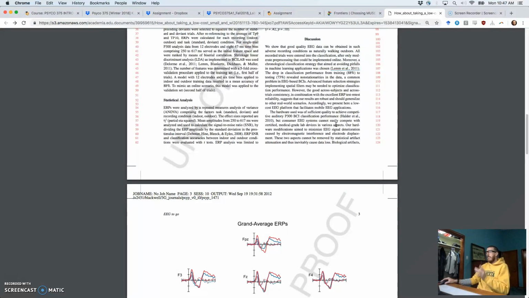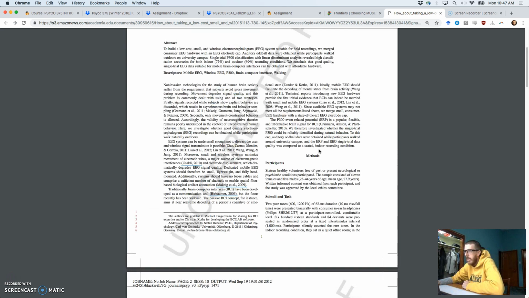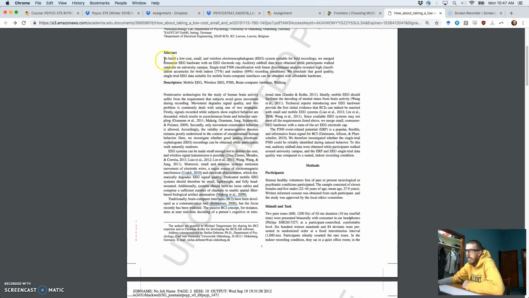It's not about style points, and it's not about how eloquently you can describe what you're talking about. You want to describe it so clearly that anyone can understand it from reading the paper. And so repeating the important aspects of the paper in the abstract, the introduction, and the discussion is one important way that you can do that.